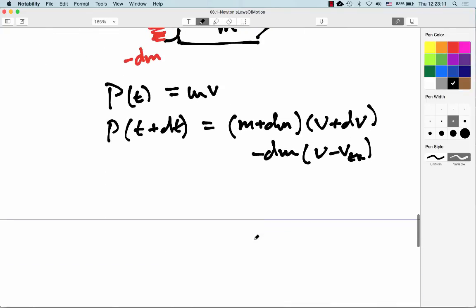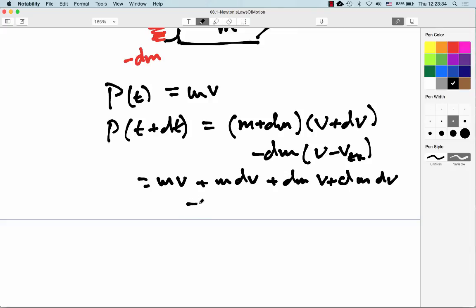Okay, so let's just go ahead and multiply it all through. So we can do FOIL on this here. We get mv, so it's first, outer, plus m dv, inner, plus dm times v, last, dm dv, minus, we'll have a dm v here, and a plus dm v exhaust.